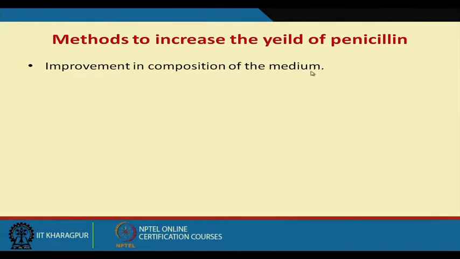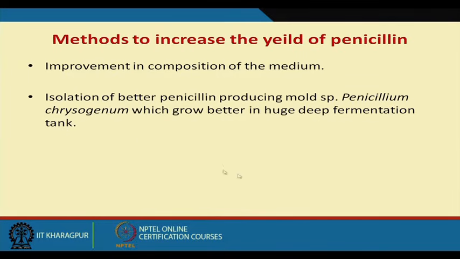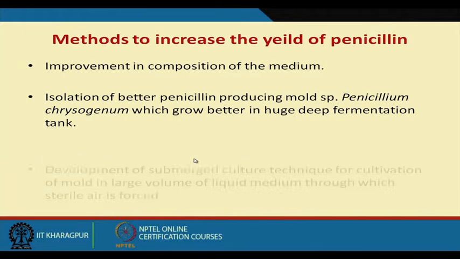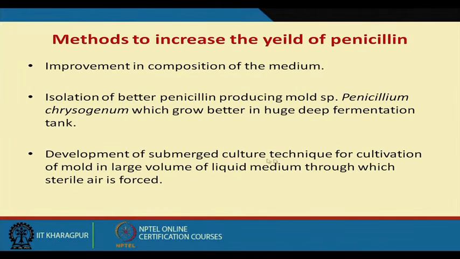Then there is isolation of better penicillin-producing molds like Penicillium chrysogenum, which grow better in huge deep fermentation tanks, and development of the submerged culture technique for the cultivation of mold in large volume liquid media through which sterile air is forced.